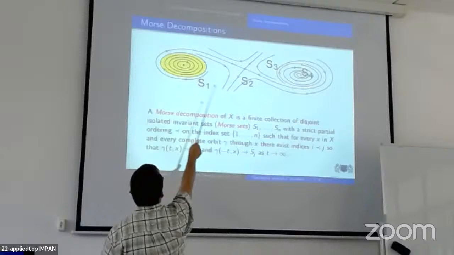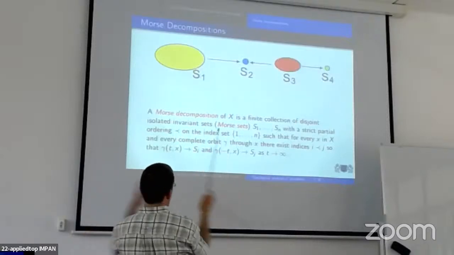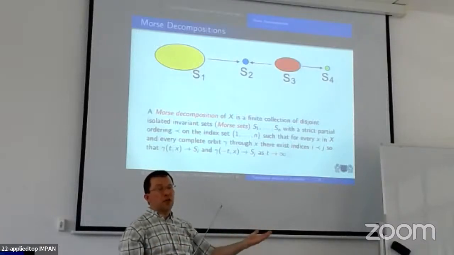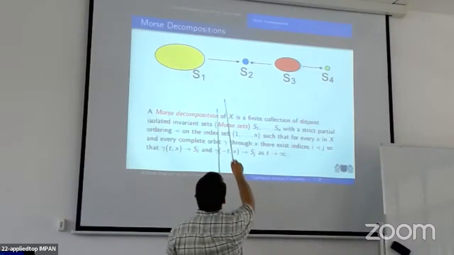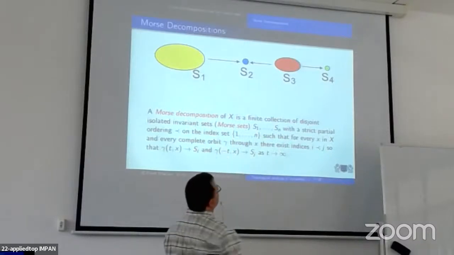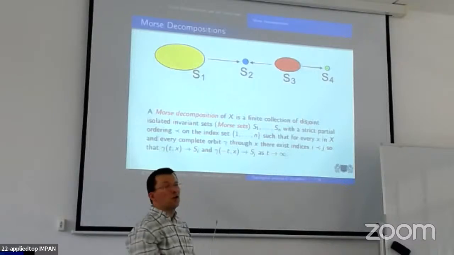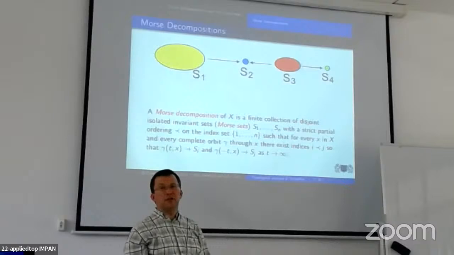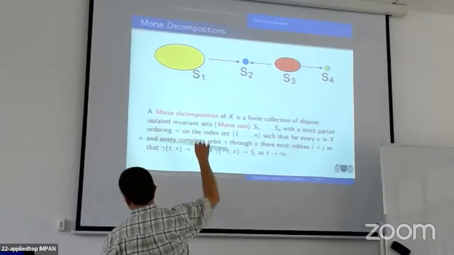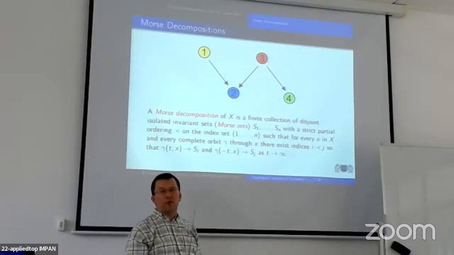If we collapse each of these isolated invariant sets to a single blob, we look at all possible connecting trajectories, then there should be no loop in such a trajectory. In other words, there should be a partial order on the isolated invariant sets, on these Morse sets. We can push some of the sets higher, some lower, so that we have the graph that mimics the gradient flow.